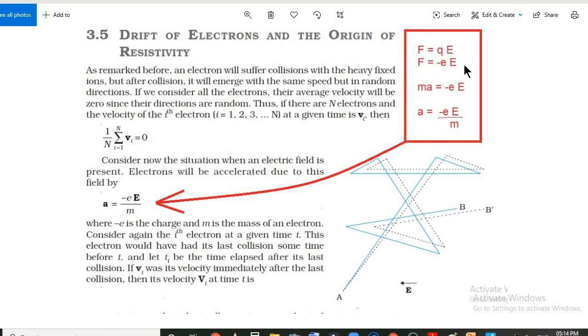Thus ma is equal to minus eE. Therefore a is equal to minus eE divided by m. This is written here. That means the acceleration of the electron while it is passing through the conductor when an electric field is applied is minus eE divided by m.